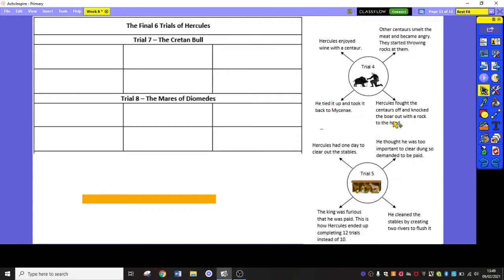Hercules fought the centaurs off and knocked the boar out with a rock. He tied it up and took it back to the city. So it's very broad brushstrokes, but I am writing in sentences. They don't necessarily have to make full sense, and it is just a summary. What happens at each point?